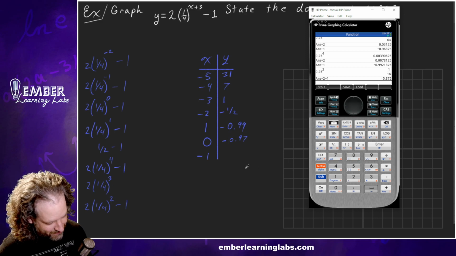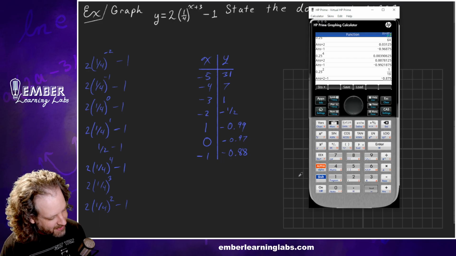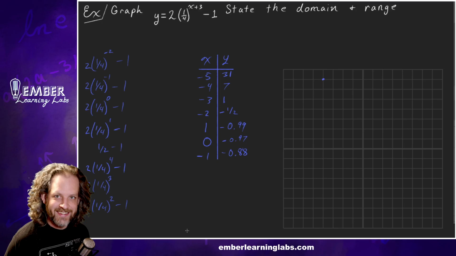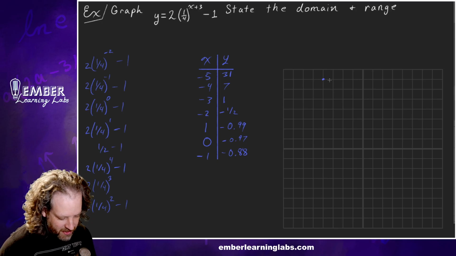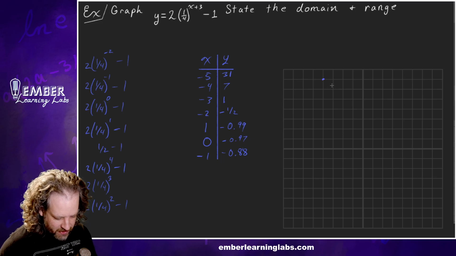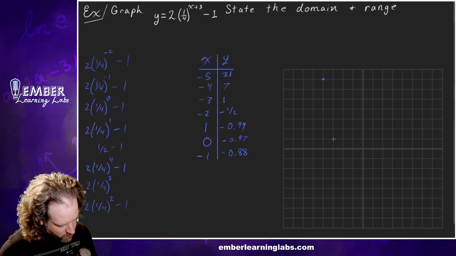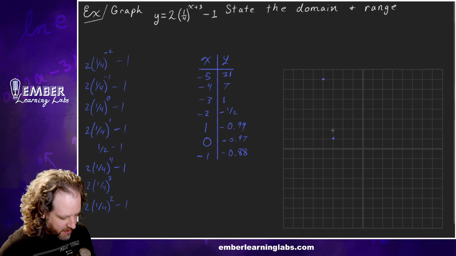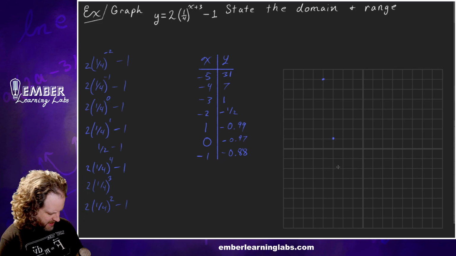And we have negative 0.88, right? Is that right? Yeah. Okay, great. That was wonderful. Done did it. So negative 4, 7, negative 3, 1. We've already dropped all the way down in here. Now our asymptote is down here. We can go ahead and dot that in real quick.